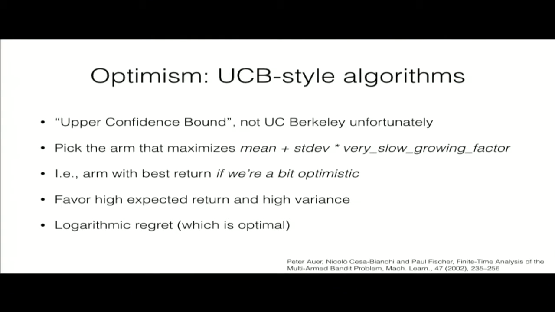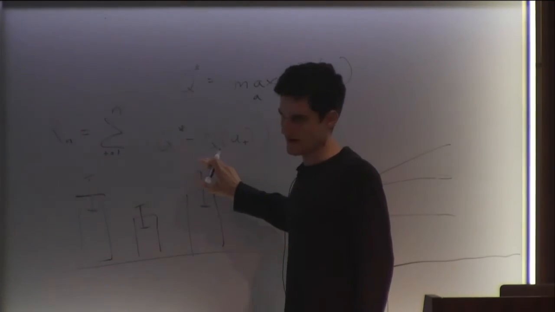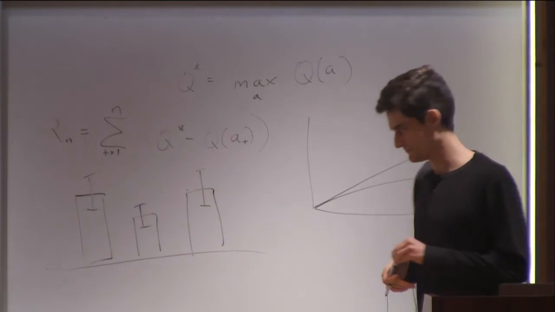So just to illustrate this a little bit, let's say we draw a little histogram which shows our 3 actions. We have a certain mean return for each of those actions, and then we have a certain uncertainty, which I'll draw as this error bar. Then ideally, we'd like to choose the actions that have a high mean and also a big error bar, because those ones might turn out to be good.